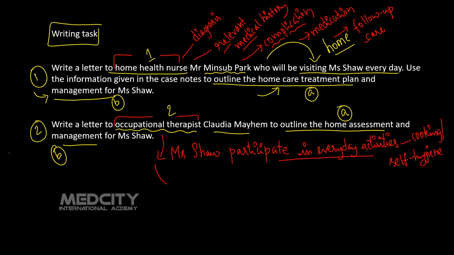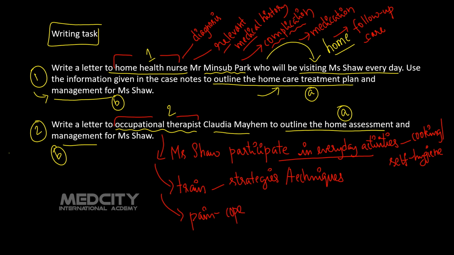I'll have to train my patient, okay, and probably give her some strategies, or maybe let's say techniques that she can use to ensure that she is able to perform her everyday activities. And maybe she would also have pain, so how can she cope with the pain? Okay, so these are the kind of things that I'll be looking out for as an occupational therapist.